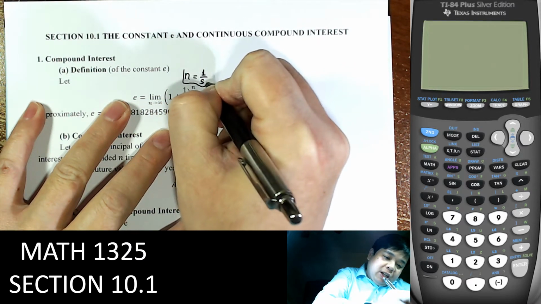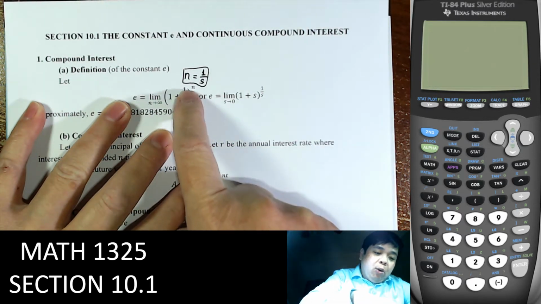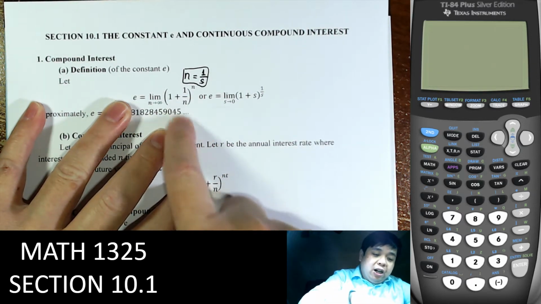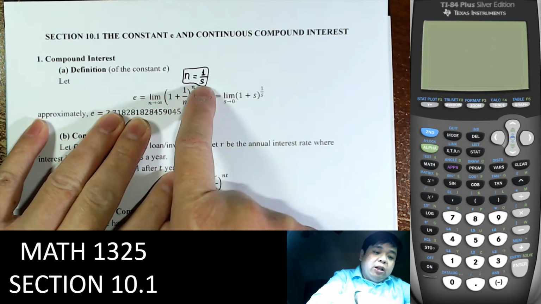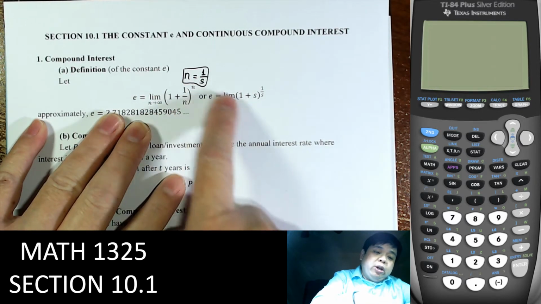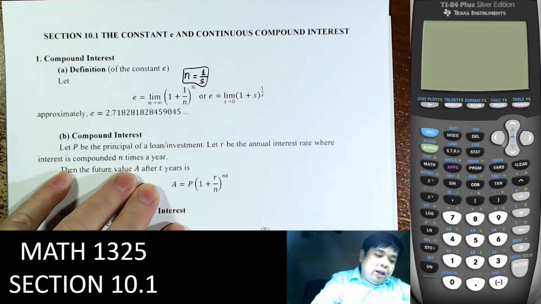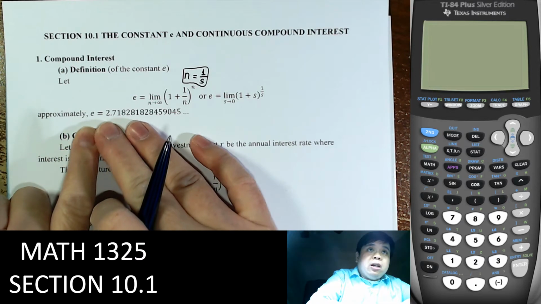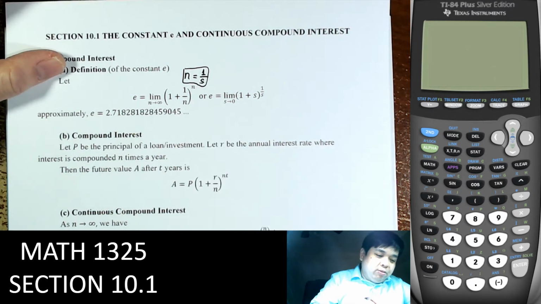if we write it like that, then here we have 1 over s turned into s, and if n goes to infinity, s goes to 0. So equivalently we can write it in that form. And it is approximately equal to this number, about 2.71828.